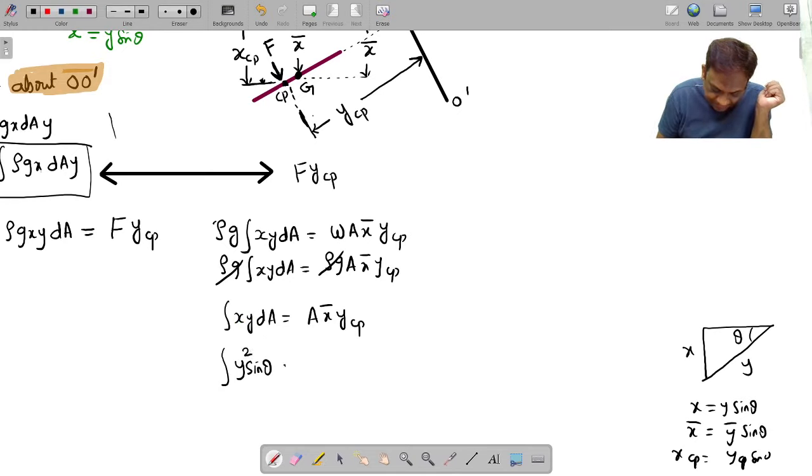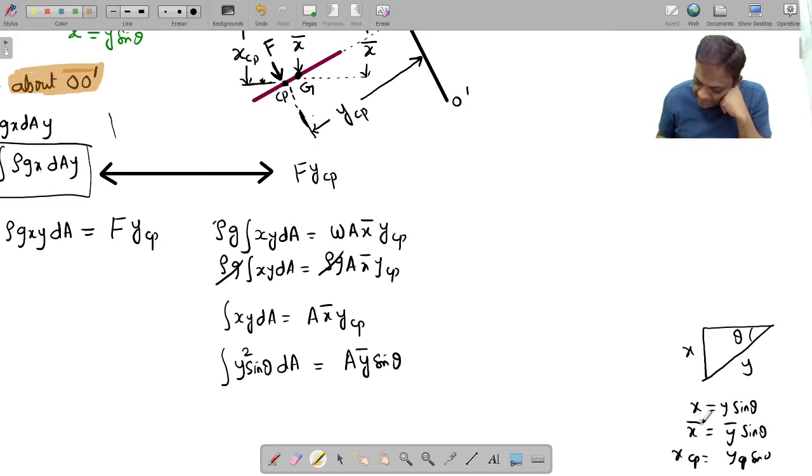So integral y square sin theta dA is equal to A x bar, and x bar is y bar sin theta, into y_cp. Sin theta is constant and can be taken out.